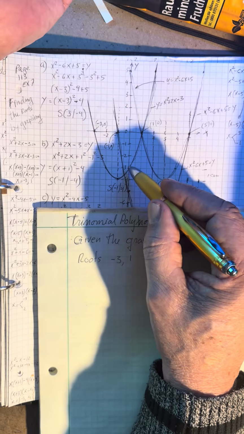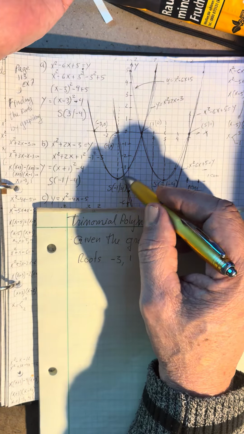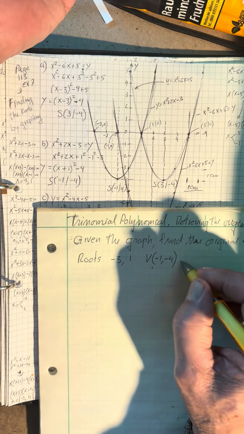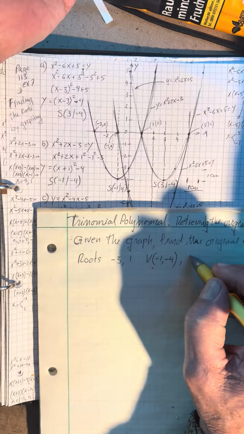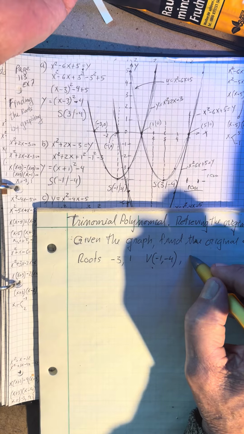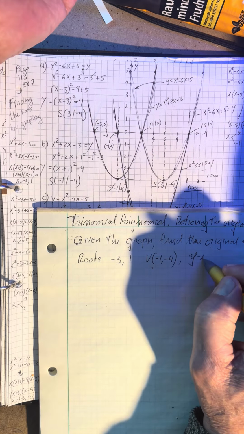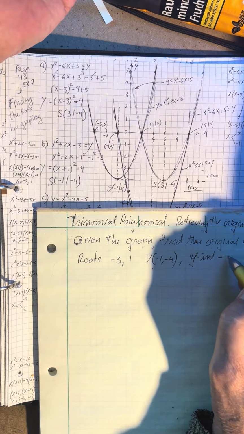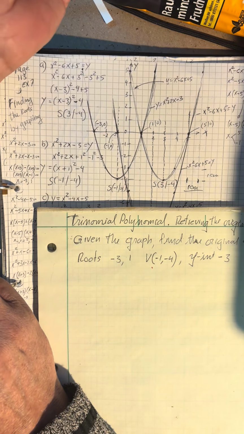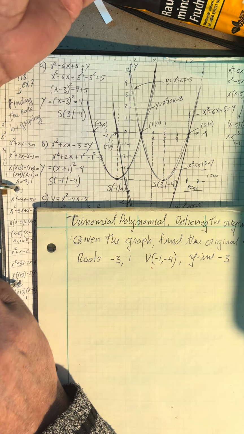The y crossing, or the y-intercept, is -3. So we'll say the y-intercept is equal to -3. That's enough information to find the equation.